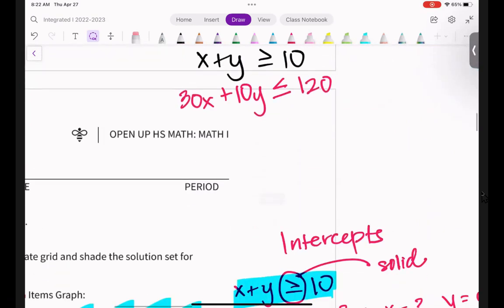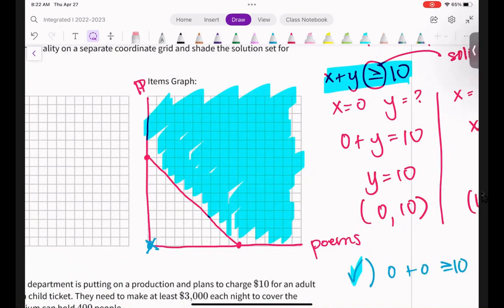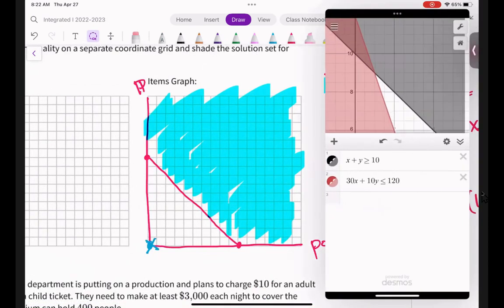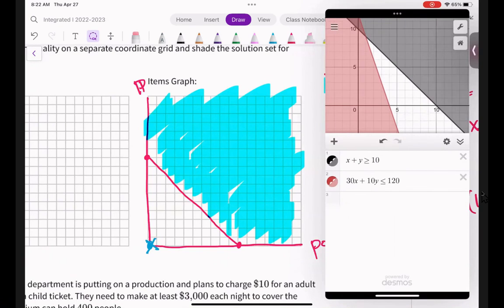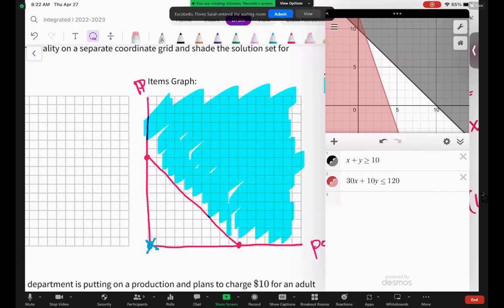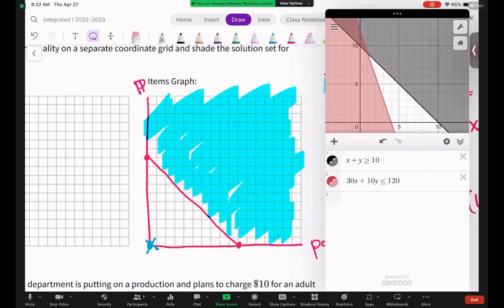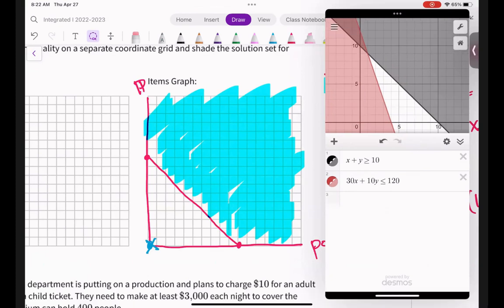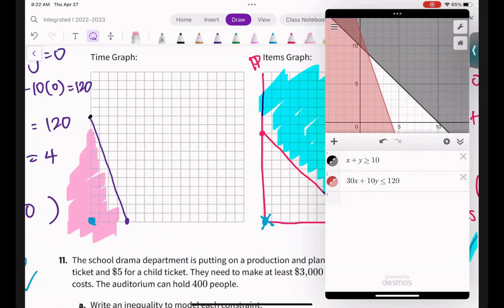Very good. When I ask you to go backwards and say I want you to find the solution or write the inequalities graphed here, I ask you that at least 2 times on your test. The way you would do this first is steal the intercepts. This intercept is 4, 0, and this intercept is 0, 12.